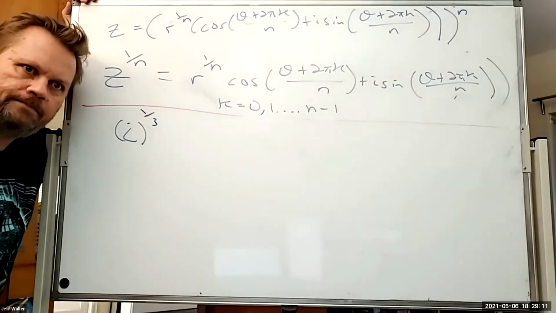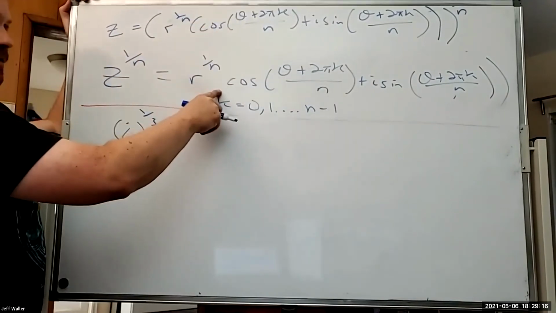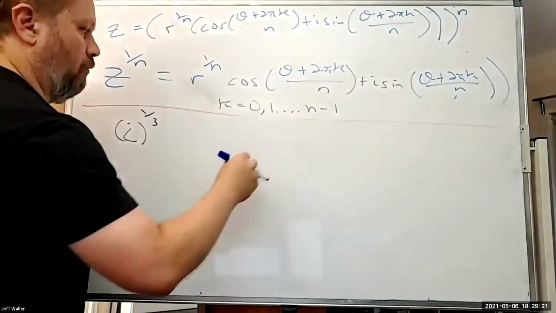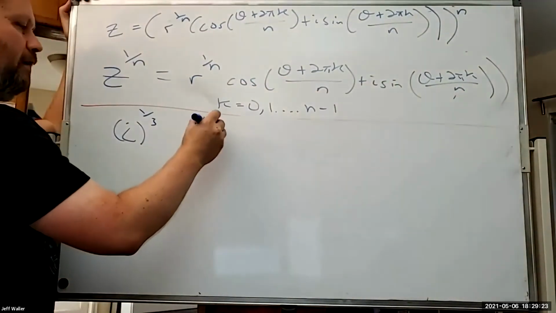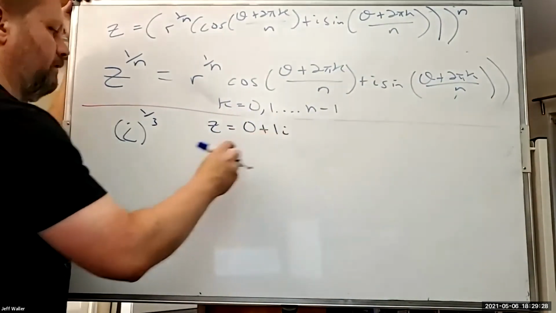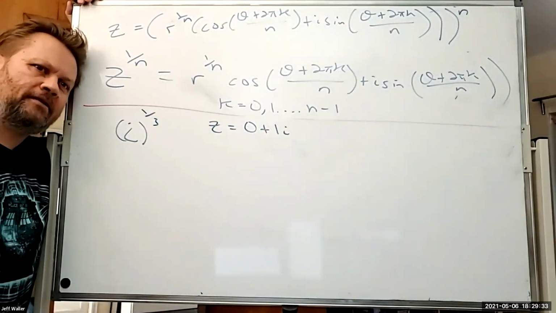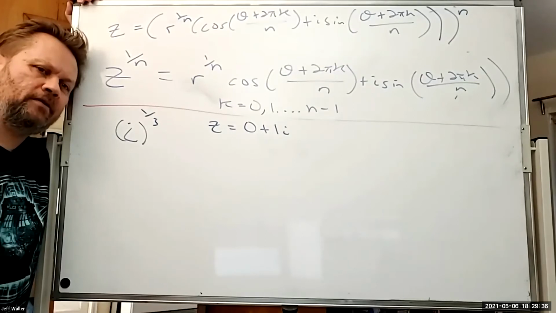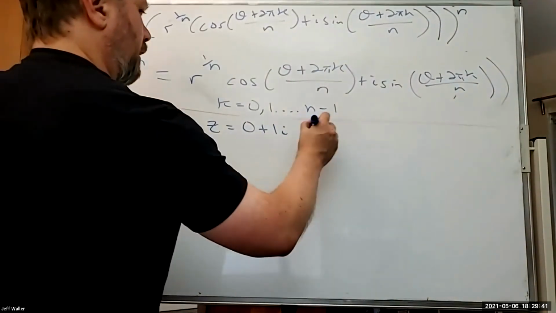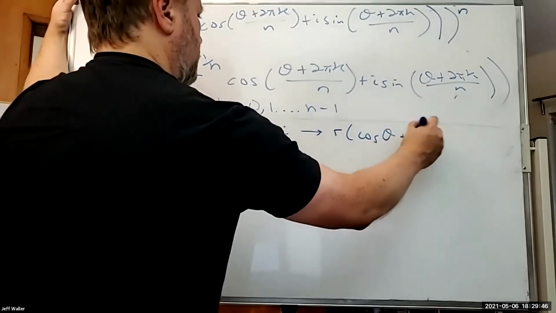So the way to use this result is to first write this in r, theta kind of form, right? So I've got z equals 0 plus 1i. Do you see why that's a smart idea? Stay with me now. I want to convert that to r cosine theta plus i sine theta form.